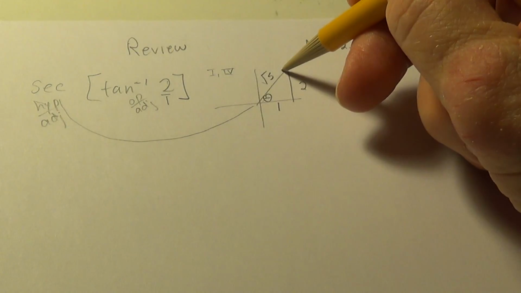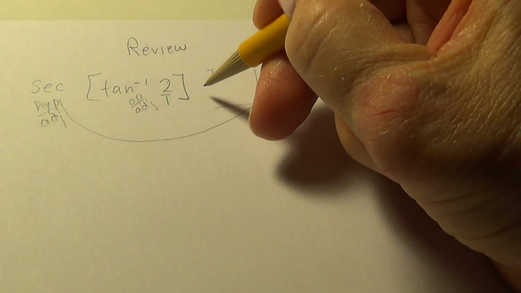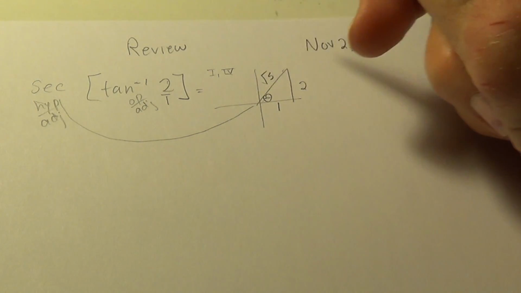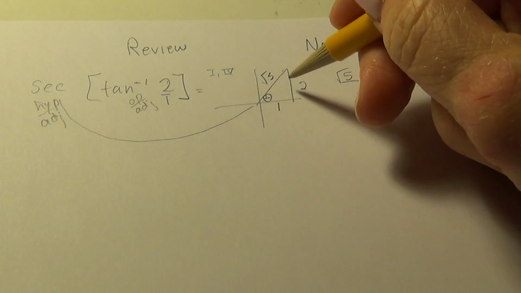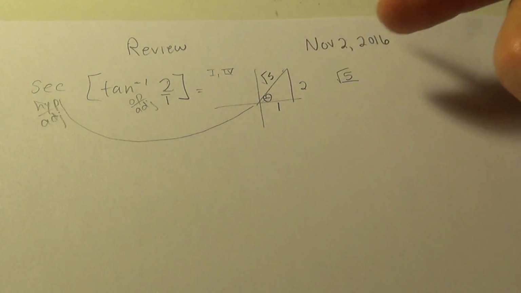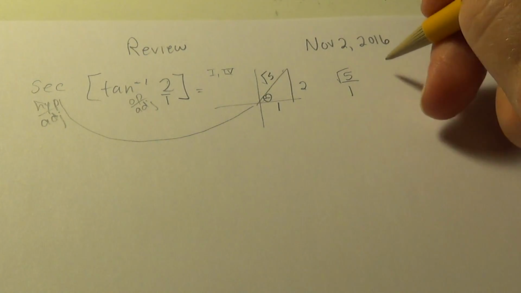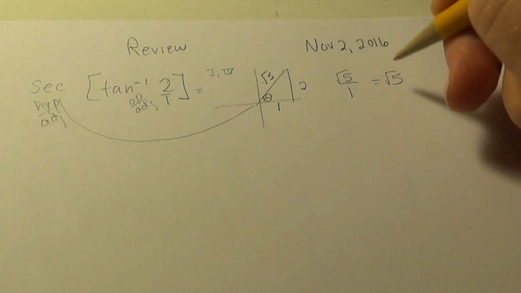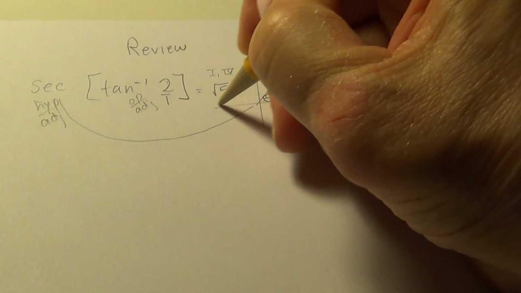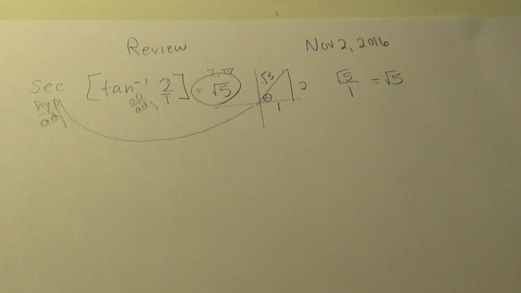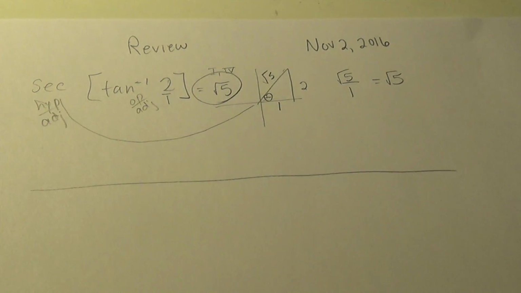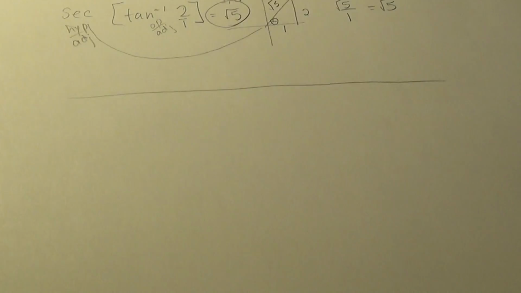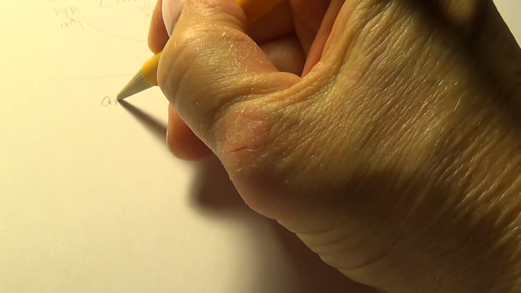So the answer to this problem is square root of 5 over 1, which is just square root of 5. All right, we did some of those last time, so I just wanted to show you that some of those are found on the unit circle.